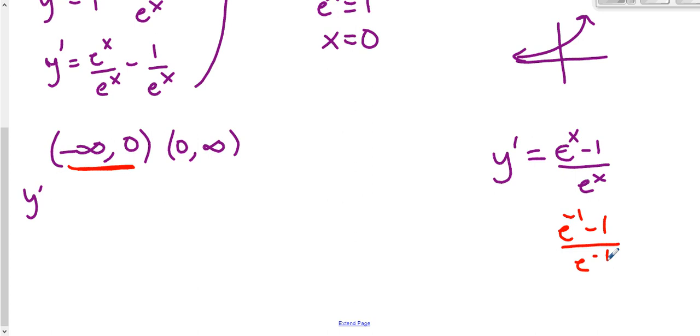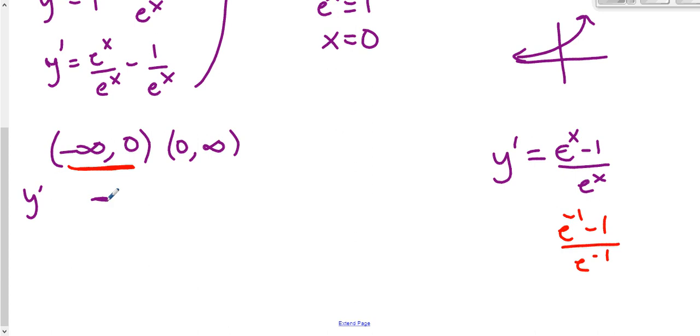E to the negative 1 is 1 over e, which is about 1/3, and so it's like having 1/3 minus 1, so the numerator is negative. The denominator is positive. Negative over positive is negative.